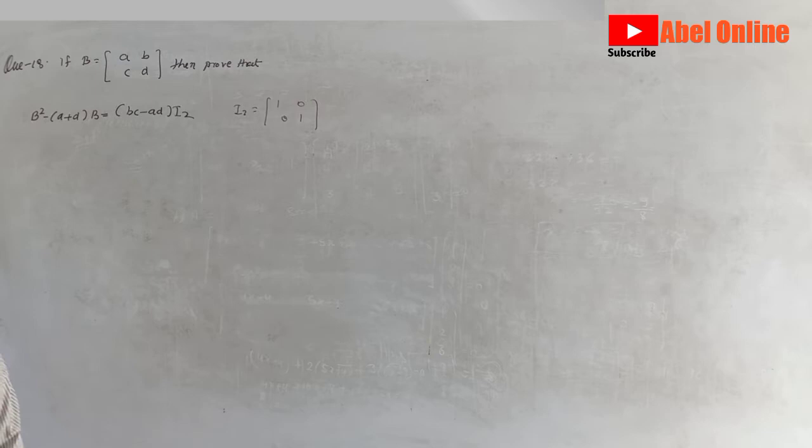So students, this is the question: B square minus (A plus D) multiplied by B equals (BC minus AD) multiplied by I2, and ABCD are the entries of B.